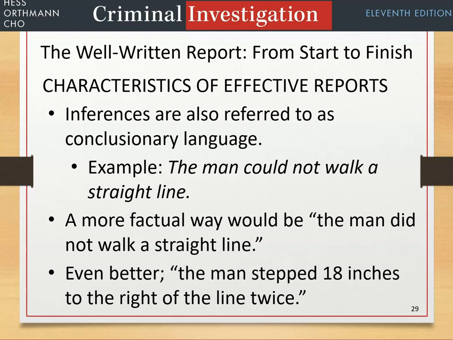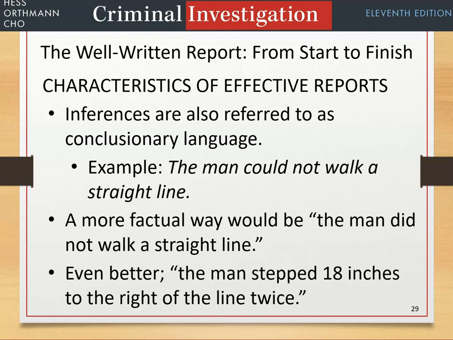So a more factual way would be to write it like this. The man did not walk a straight line, because maybe you had him do a test. Even better would be: the man stepped 18 inches to the right or to the left of the line twice. That shows factually that you saw somebody do something and the person could not walk the straight line.